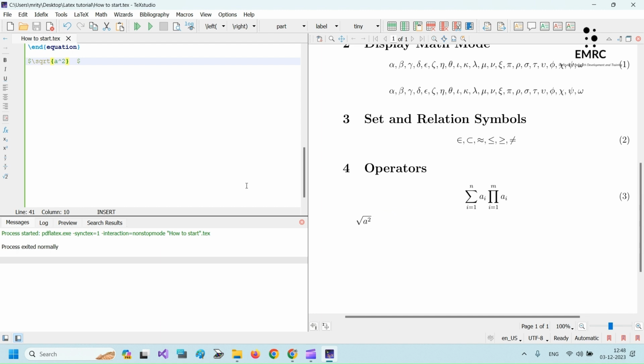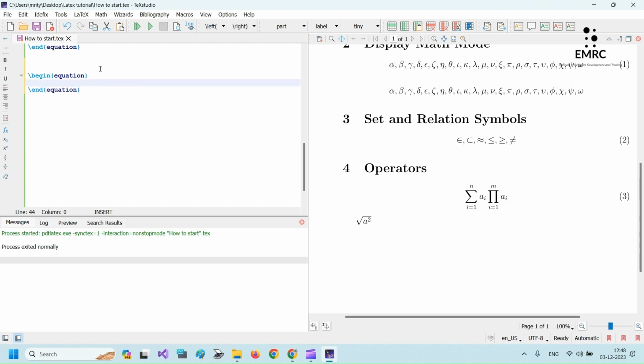Now we will write an equation. So just begin equation, and then suppose I write minus b plus minus under root b square minus 4ac upon 2a. So first I write x is equal to, okay, before that we can understand one more thing.